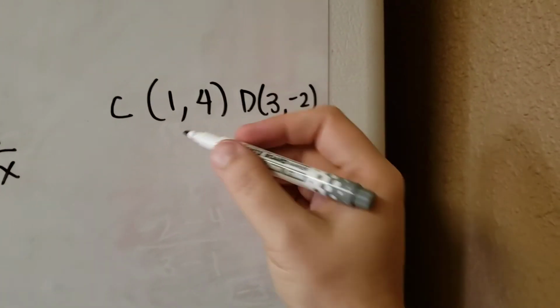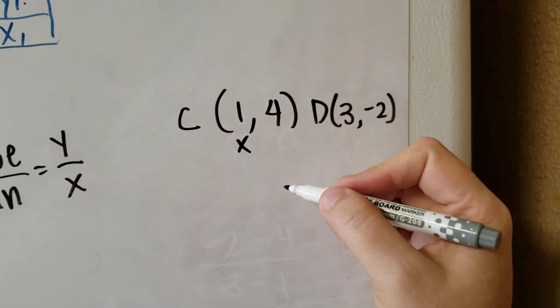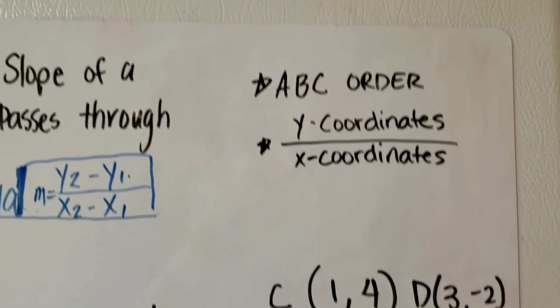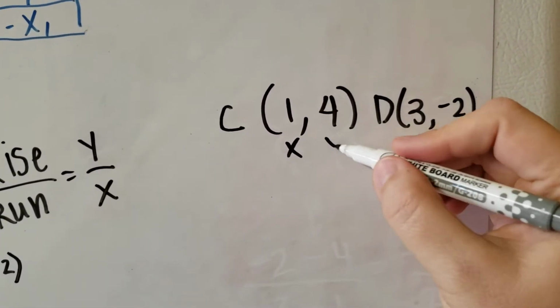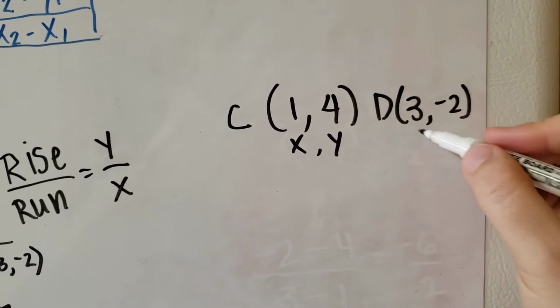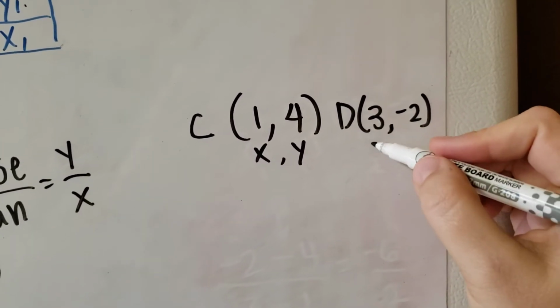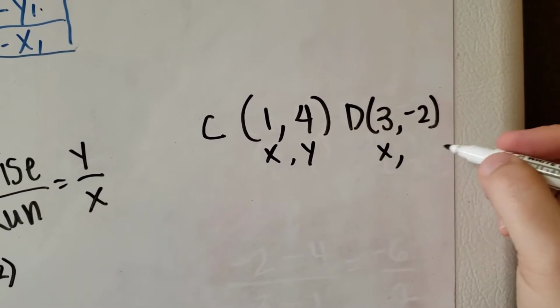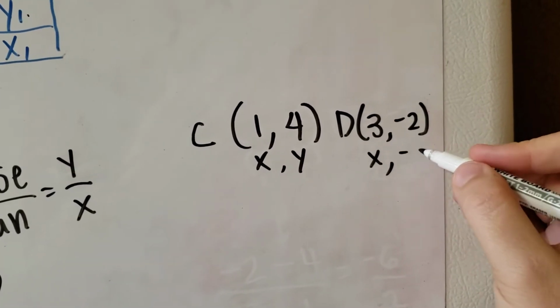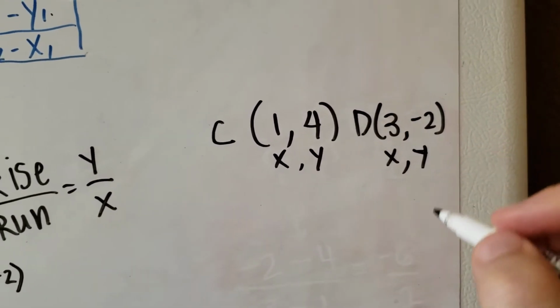If we look at this, our X always comes first, remember, alphabetical order. And then our Y is the next coordinate. And the same thing for point D. The 3 would refer to your X coordinate, and the -2 refers to your Y coordinate.